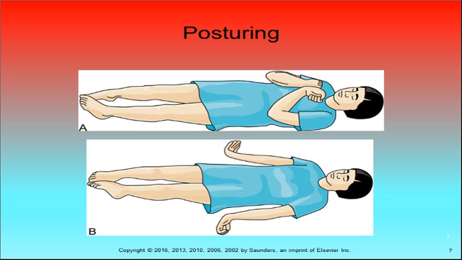The arms, wrists, and fingers are flexed, and you have internal rotation and plantar flexion of the legs. The bottom one is decerebration. This is very abnormal, and you see decerebration with any type of trauma in your brainstem area. These patients are very flaccid, and if they've got decerebration, it's not a very good outcome.